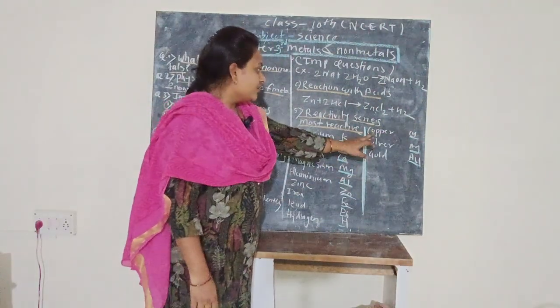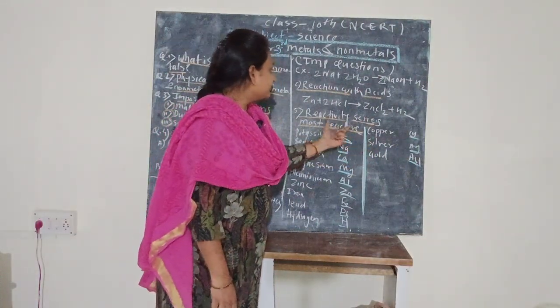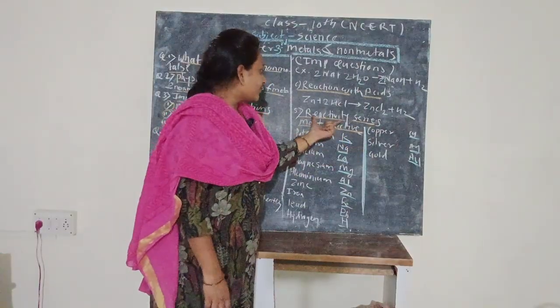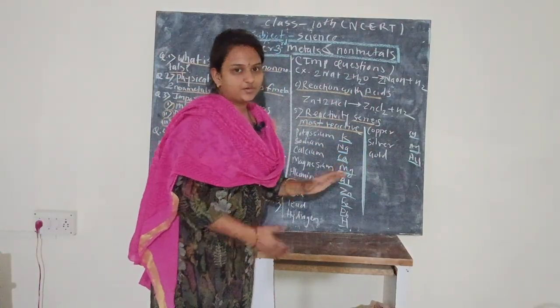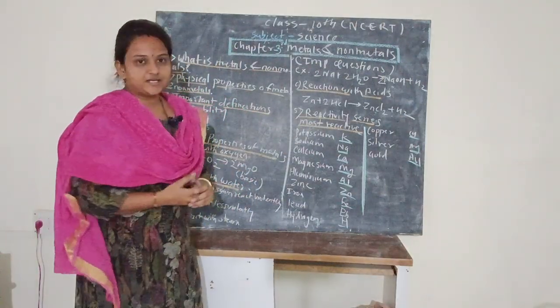According to this series, the elements with the least reactivity are silver and gold. Gold is less reactive than any other element.